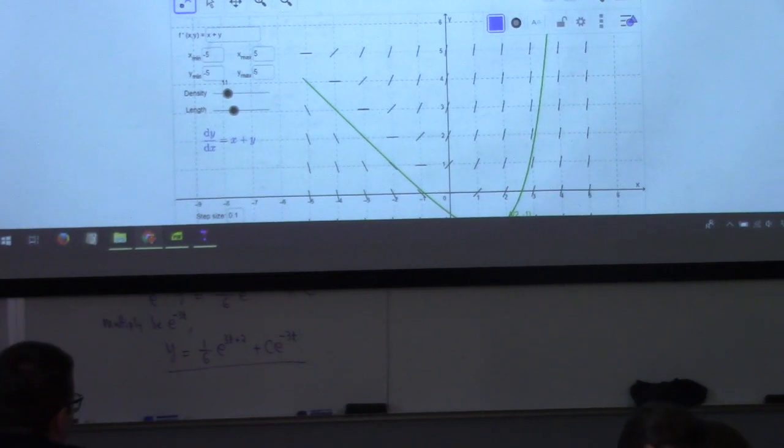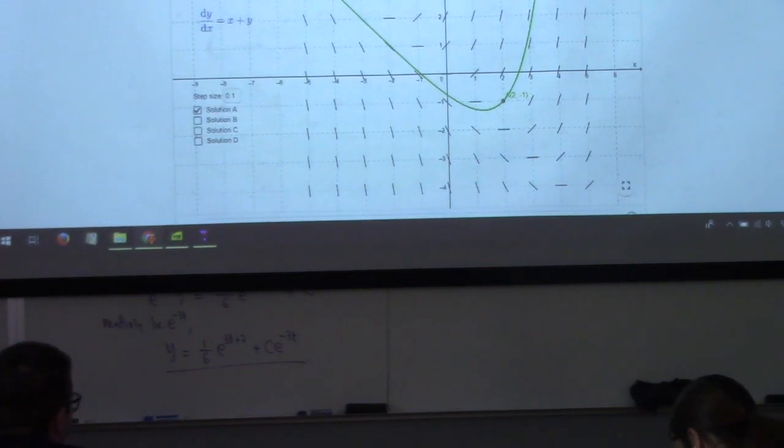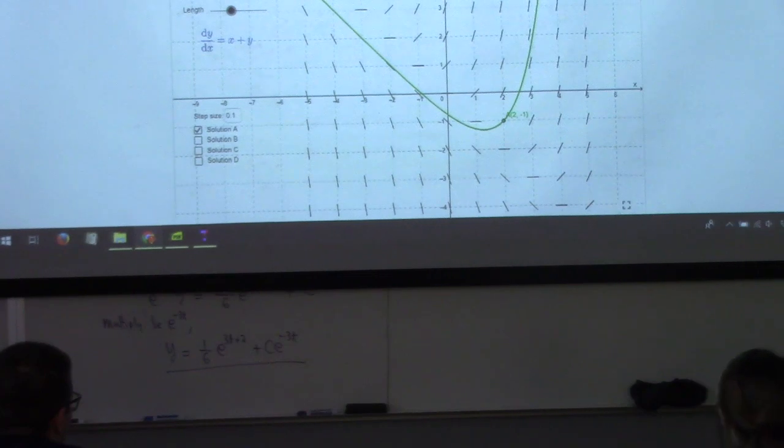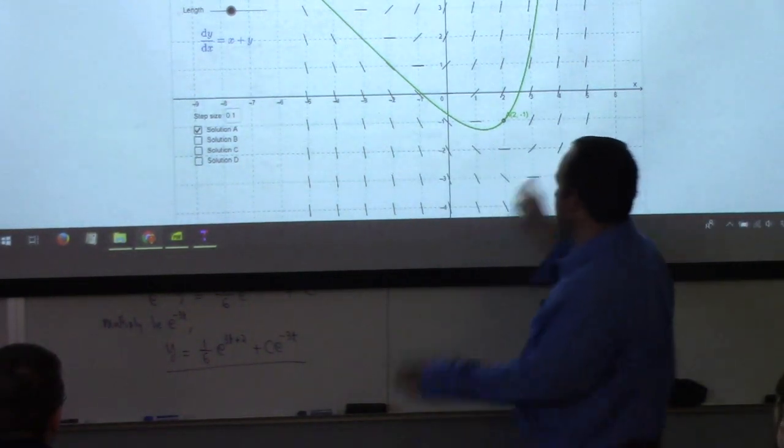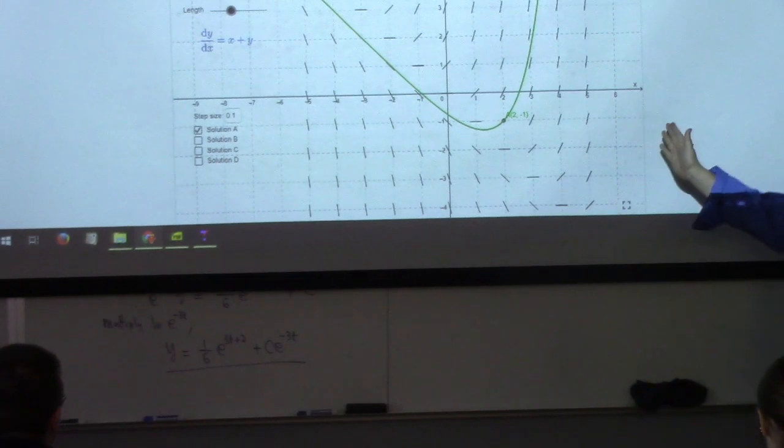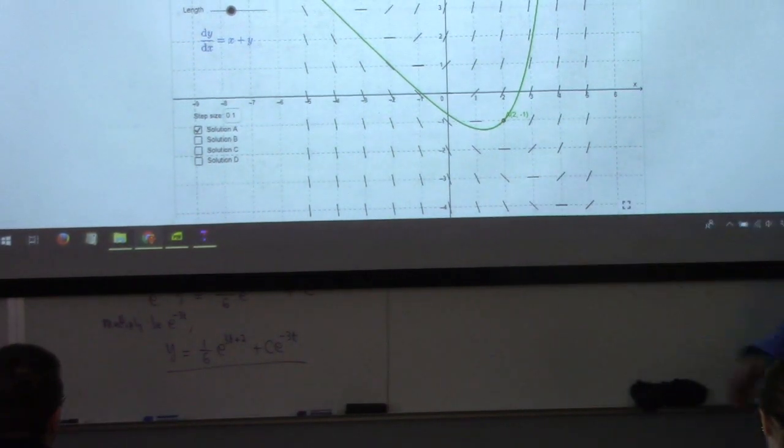Did I? Oh, I did? Okay. So you can actually look at answers to these problems. What this is looking at is dy/dx equals x plus y. These are the slopes that that differential equation puts at different points, and finding a solution is basically connecting the slopes.